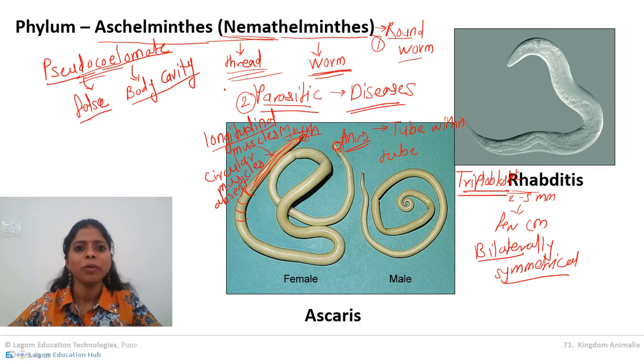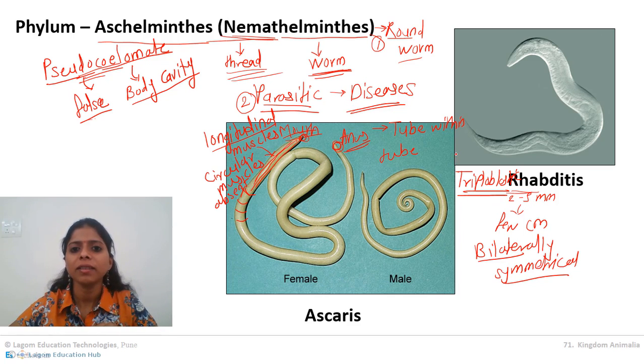Remember, they are called roundworms because they have this round structure, also called threadworms. They are mostly parasitic in nature, but a few of them are free living. As they are parasitic, they mainly cause diseases in humans, in other animals, as well as in plants.